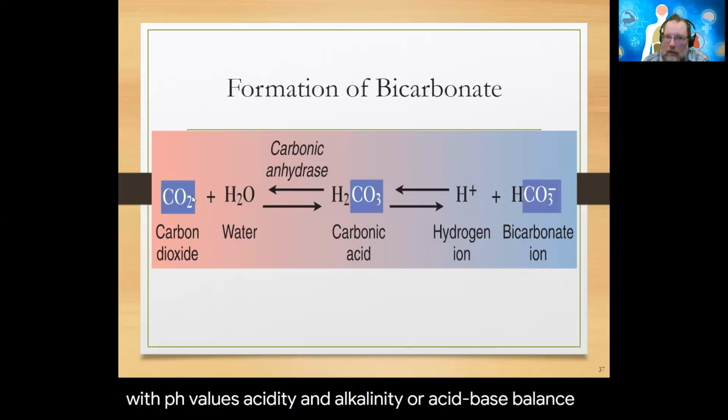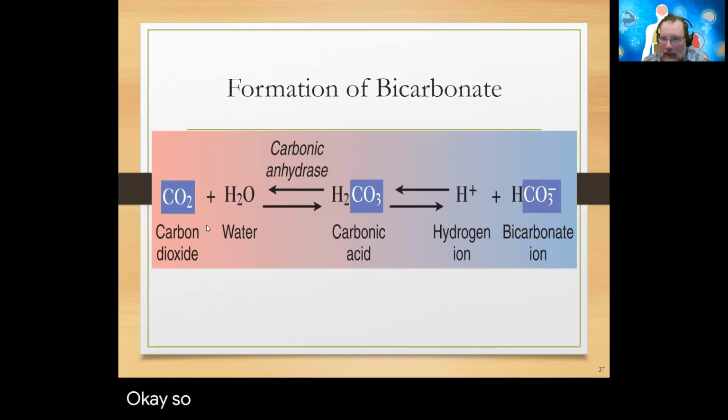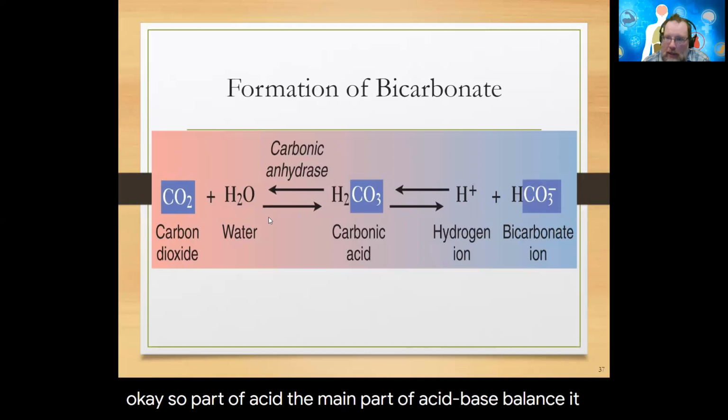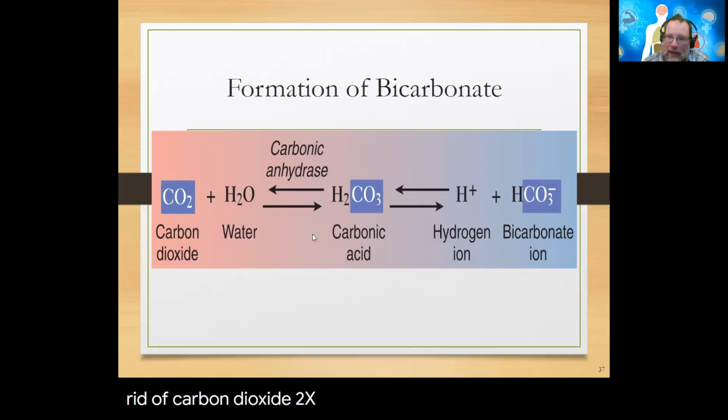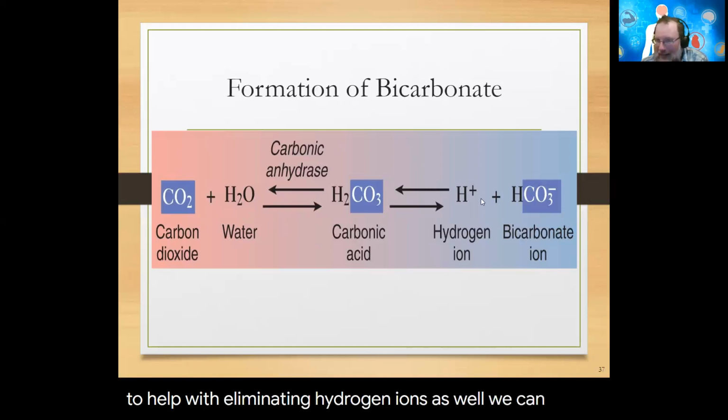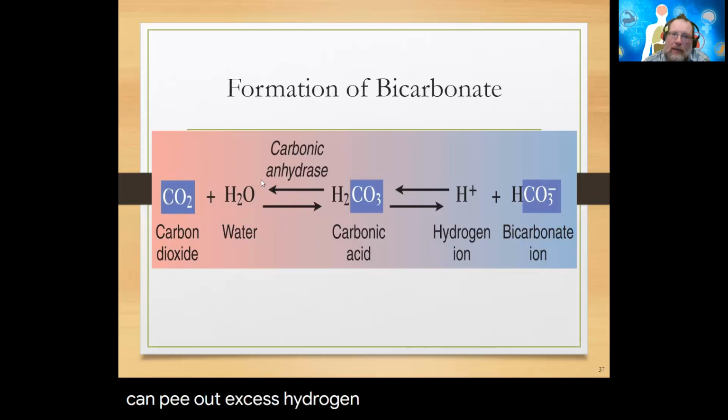So the main part of acid-base balance is the ability to get rid of carbon dioxide, to exhale carbon dioxide. What that does in turn is eliminate some of this hydrogen ion concentration as well. The kidneys, as we'll see later, are going to help with eliminating hydrogen ions as well. We can pee out excess hydrogen ion. We can also exhale excess carbon dioxide.